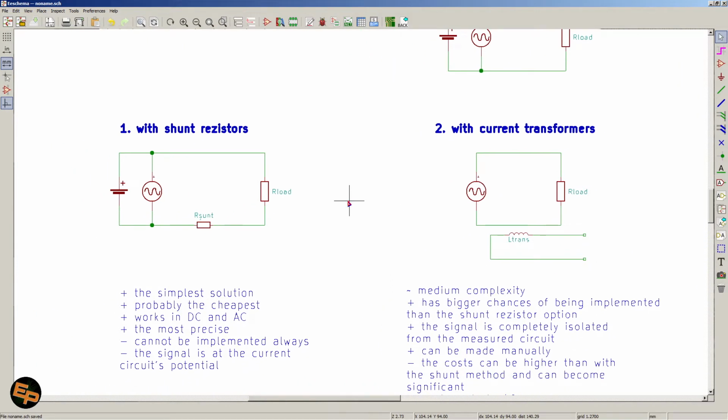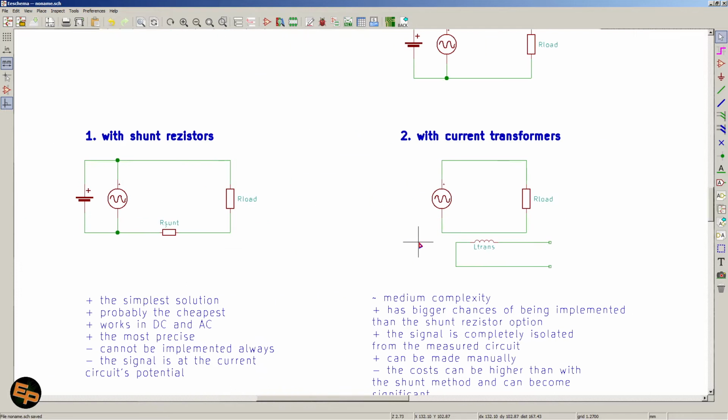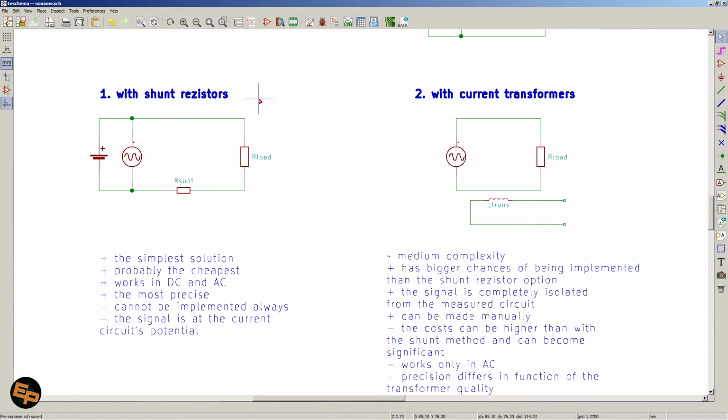So we'll take them one by one and talk a little bit about all of them, although I won't be talking a lot about Hall sensors because I would leave that for a different video. We will talk mostly about shunt resistors and current transformers, and in the second part of this video, which is going to be a very practical part, I will show you how I built a cheap and simple current transformer that is good enough for some rough measurements in such circuits.